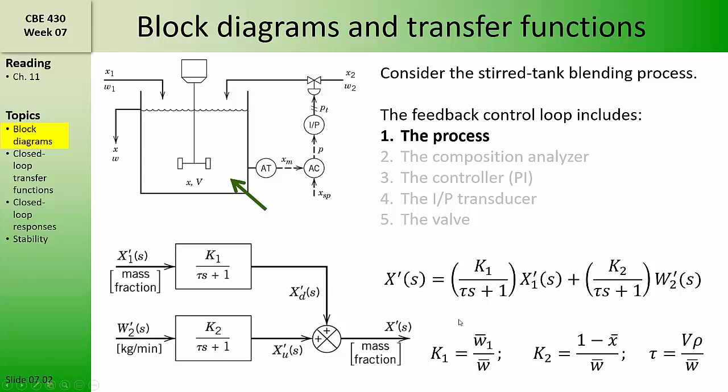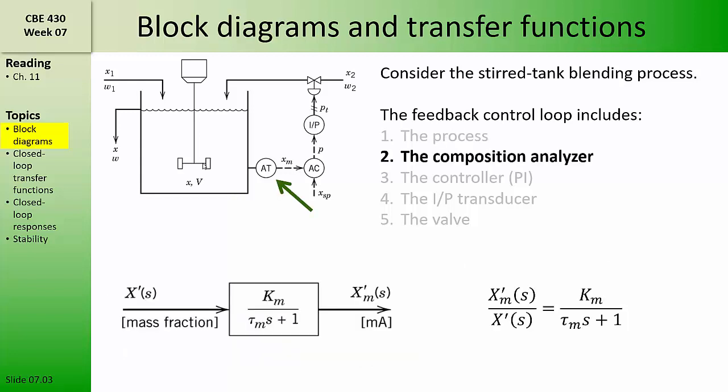From the dynamic model of the process, we should already know what the gains and the time constants of these transfer functions are. K1 is the fraction of the total flow rate into the tank represented by stream 1, and K2 is the difference in composition between X2 and the composition in the tank divided by the total flow rate. Of course, the time constant is the residence time for the tank, V rho divided by W bar.